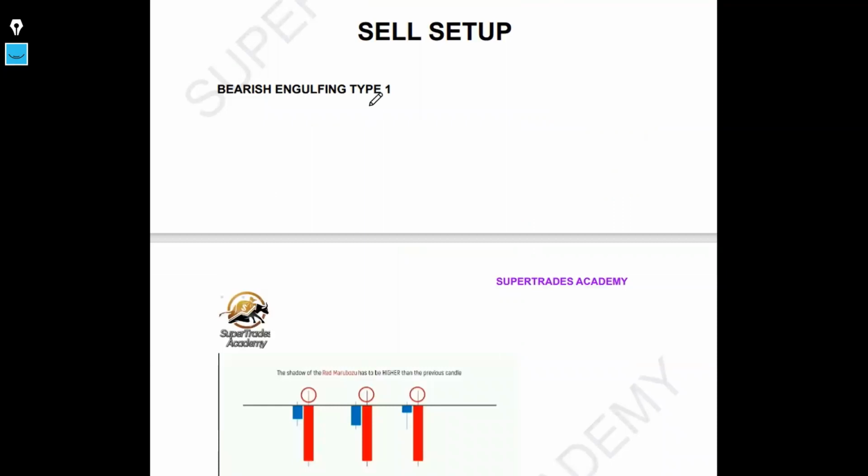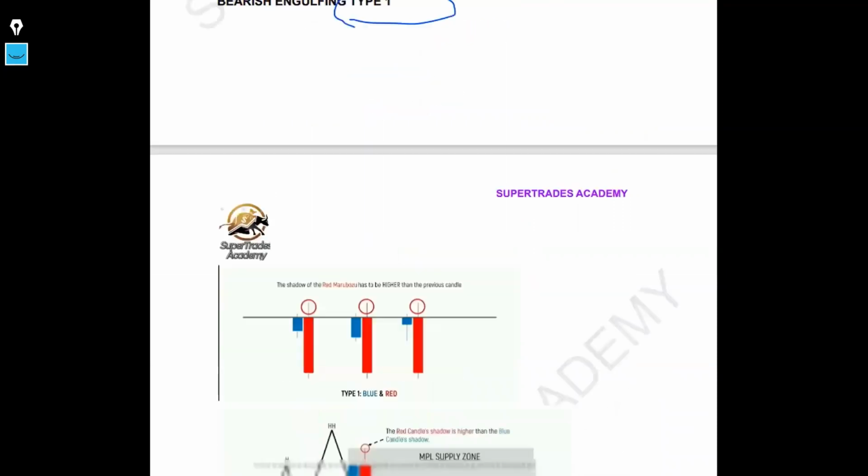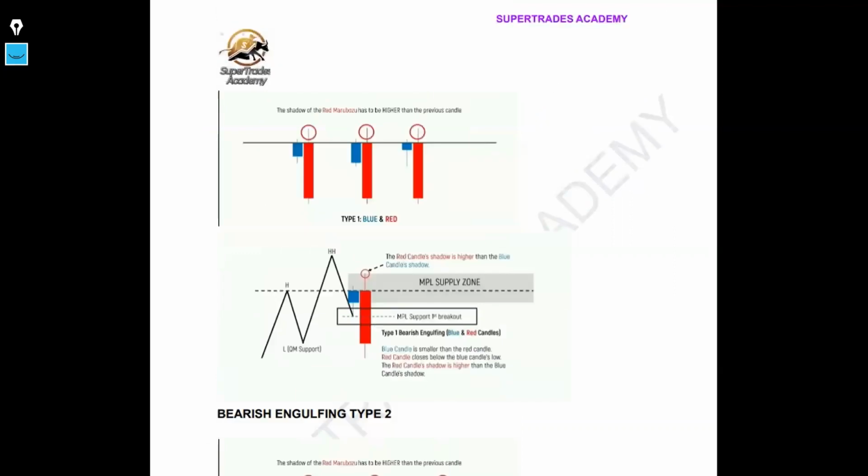So let us see the sell setup. Bullish engulfing type 1. These are the different types of sell setups that I look for. First of all, the shadow of the red Marubozu has to be higher than the previous candle. It doesn't matter whether the previous candle has a long wick or a short wick.